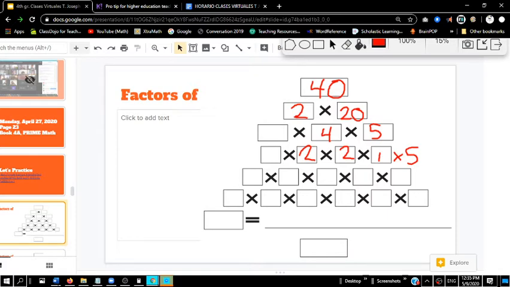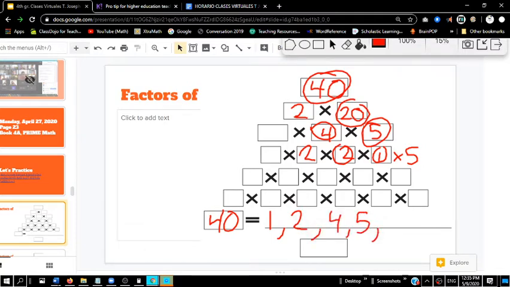Did we miss any factors in there? Let's see, for 40 we have 1, 2, 4, 5, 20, and 40. Those are all factors.